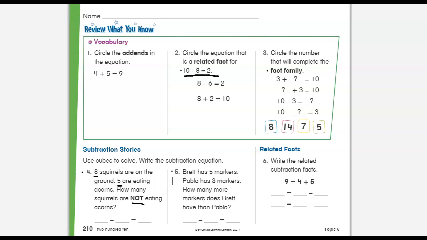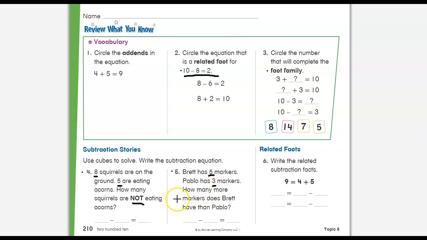On number 5, it says that Brett has 5 markers. Pablo has 3 markers. How many more markers does Brett have than Pablo? So on this equation, we are working with the 5 markers that Brett has and the 3 markers that Pablo has.